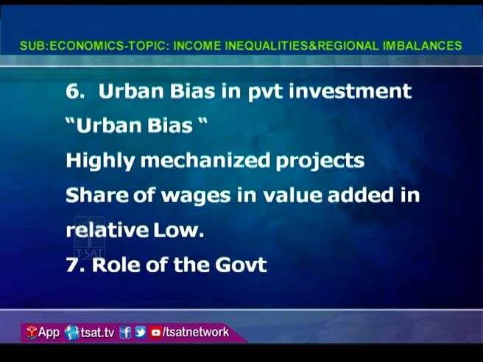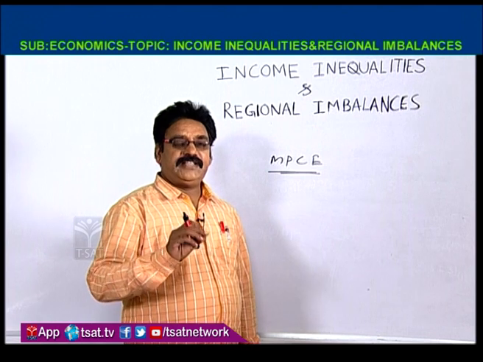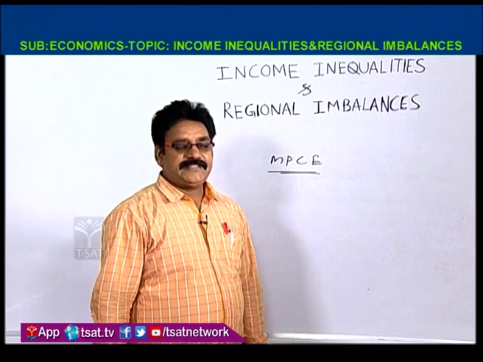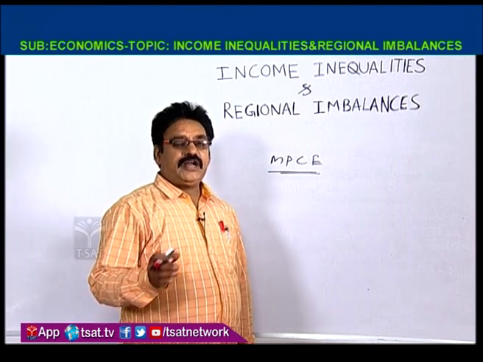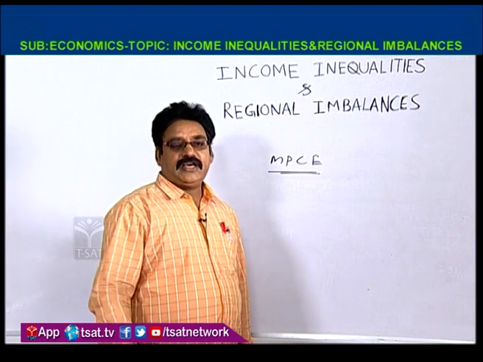The sixth cause for income inequalities is urban bias in private investment. In India, almost 70% of the people reside in rural areas, but 70% of the investment is put in urban areas. This leads to urban development and an increase in the assets on the urban side.